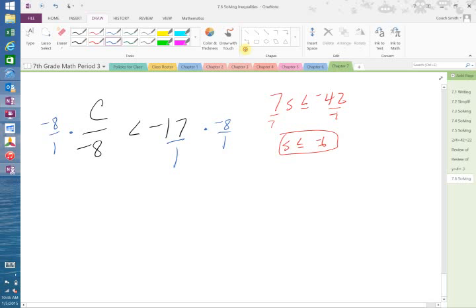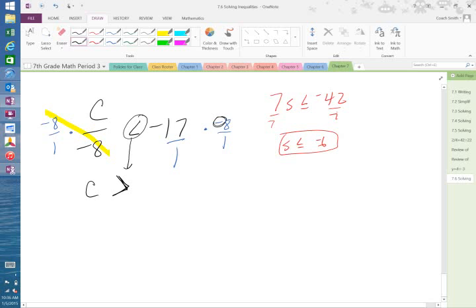Okay, on the left side, those two cancel out, leaving me with c. Okay, on the right side, I multiplied by negative 8. So that means I have to take this and reverse it.